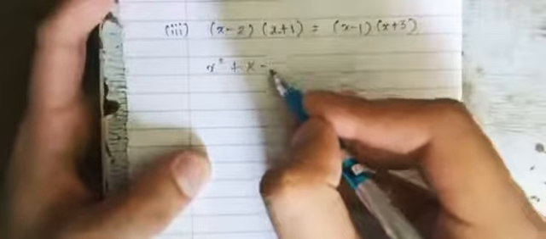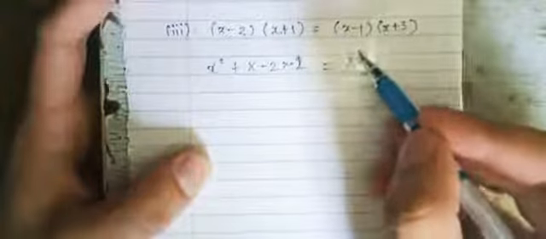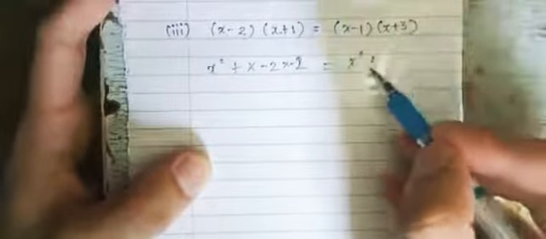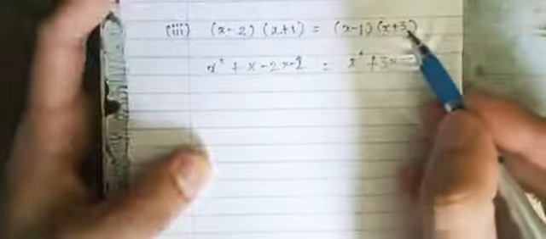So (x − 2)(x + 1) will become x into x, x square; x into 1, x; minus 2 into x, minus 2x; minus 2 into 1, minus 2. It is equal to x into x, x square; x into 3, plus 3x; minus 1 into x, minus x; minus 1 into 3, minus 3.